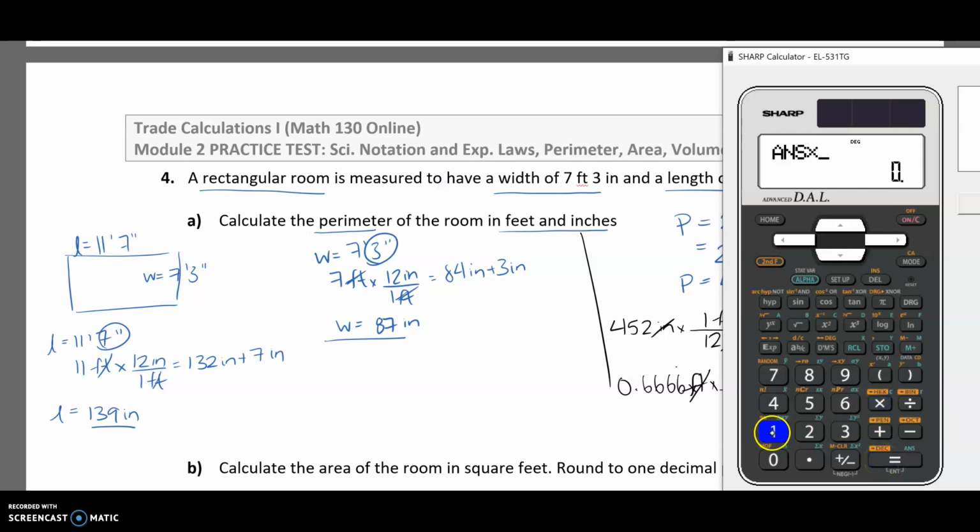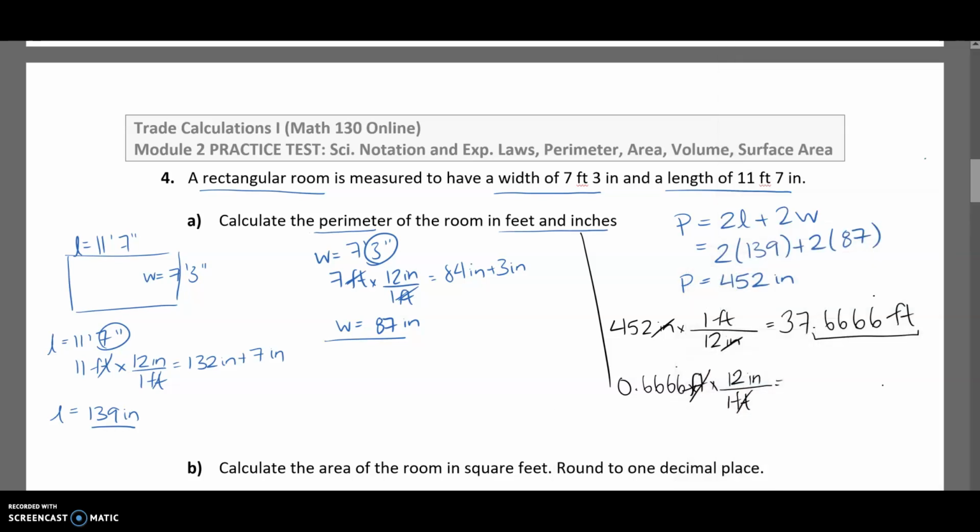Then I can multiply by 12, like in my unit conversion, and I see that I have 8 whole inches. If you had rounded that decimal earlier in the question, you wouldn't get the proper answer here. So my final answer, my perimeter is 37 feet and 8 inches.